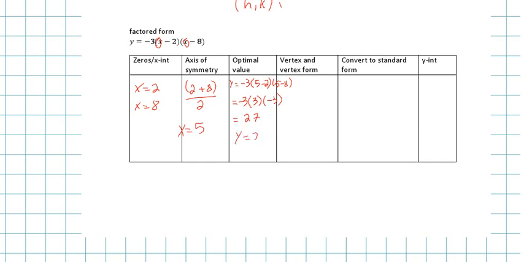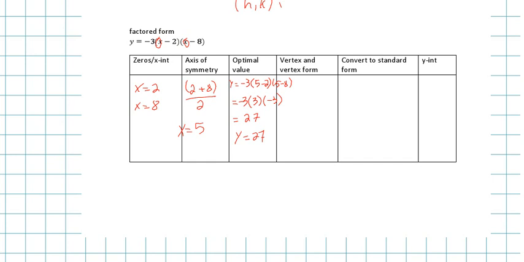So what is your vertex? It's actually 5 and 27.